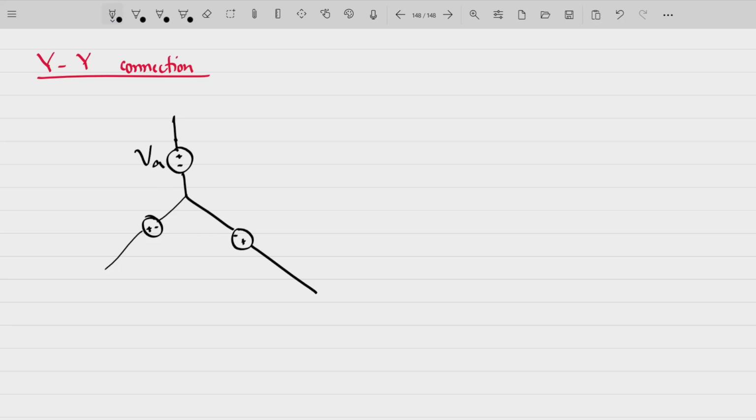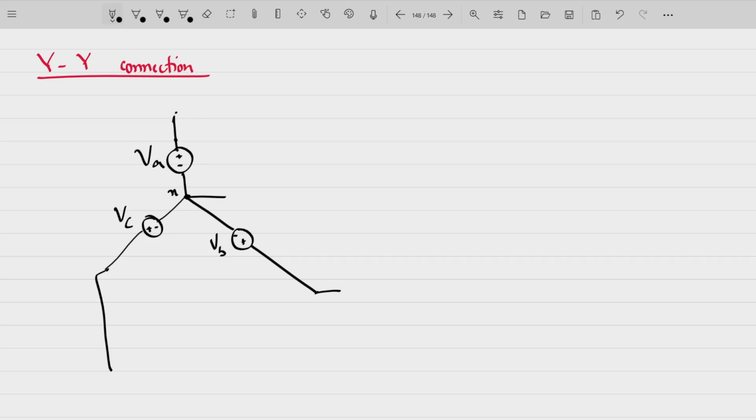So we have VA, we have VB, and VC. In a star, as I told you, there is also a neutral point, and at the point of common coupling, this is where all the three voltage sources will meet. This is known as the neutral point. So this is your source side.